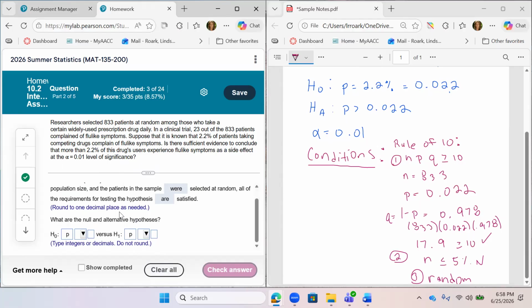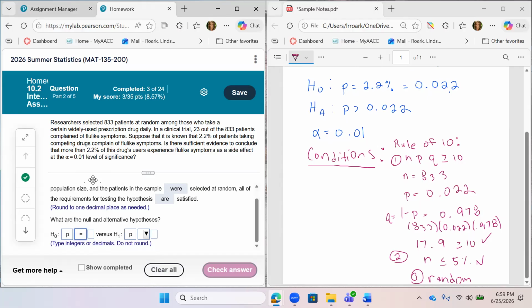I'm saying means, so I want to make sure we understand that we're talking about a list of data, maybe, or they say the sample mean is this, and this is the sample standard deviation, and they tell us what the population mean is supposed to be. We don't have that. All we focus on is either a proportion or a means question. This is a proportions question because it says 2.2%. That's sort of the clue. Sometimes it'll straight up say proportion in the problem, but here it just has percent, so we can assume it's going to be p.